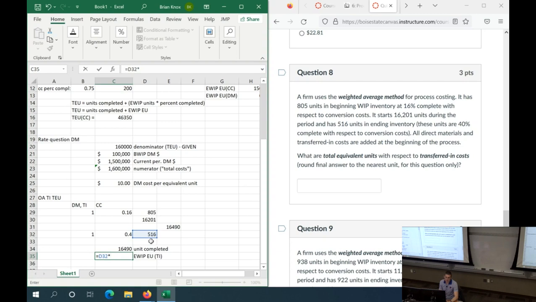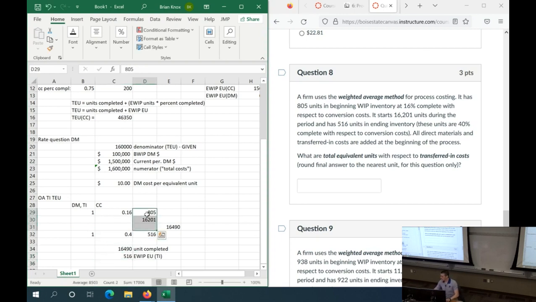For transferred in costs, it's 100%. For conversion costs, they're 40% complete. If we were doing conversion costs ending WIP equivalent units, we would need 516 times 40%. But since we're doing transferred in, we need the transferred in percent complete right here.